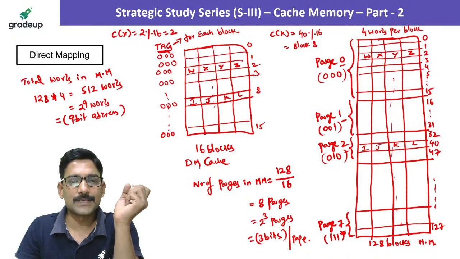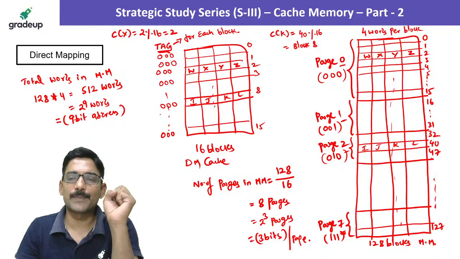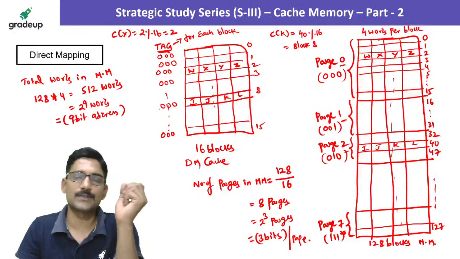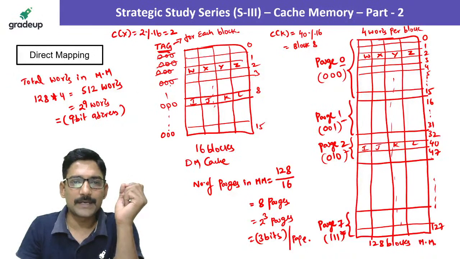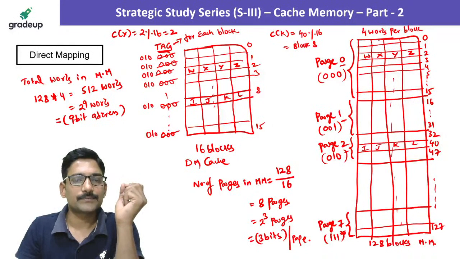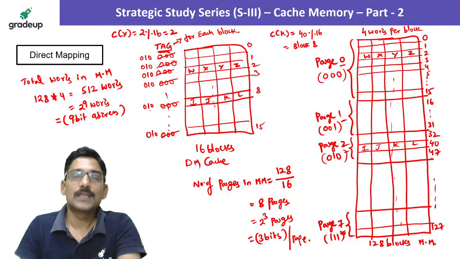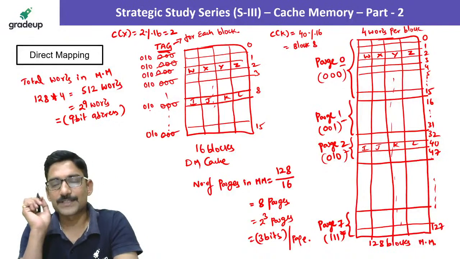And what was the initial tag? 000. From which page is it copied? From page 2. So all the tags are updated to page 2: 010, 010, 010, 010, including the X block tag also. This is how the DM cache works.